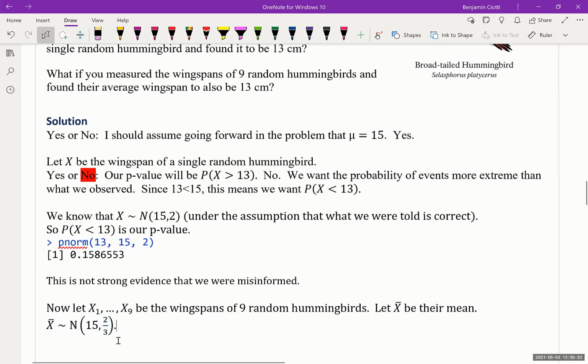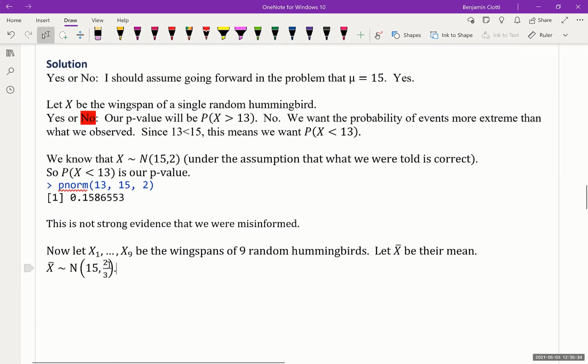Cool. So now our p-value is the probability that X bar is less than 13, again because 13 is less than 15, and I did this in R as well. And we got 0.0013.